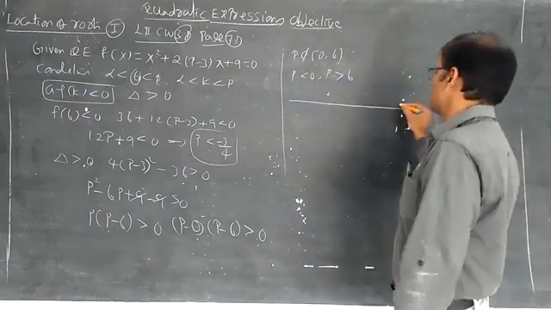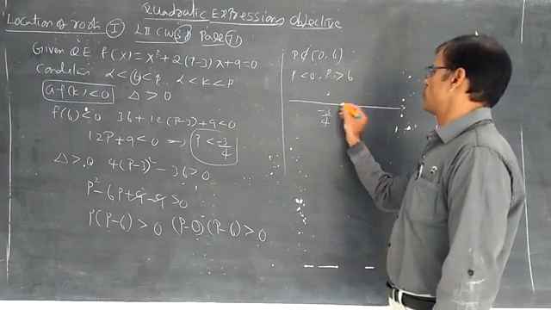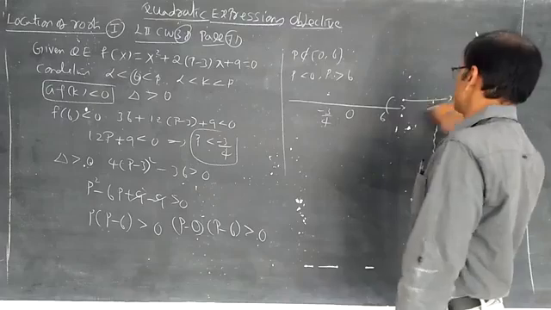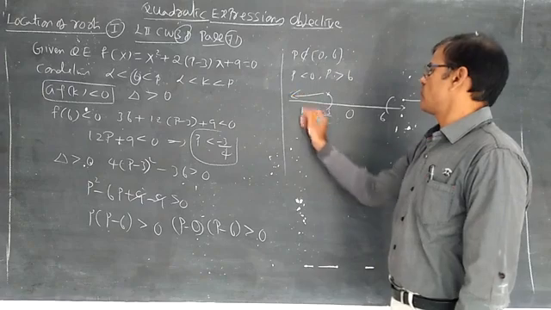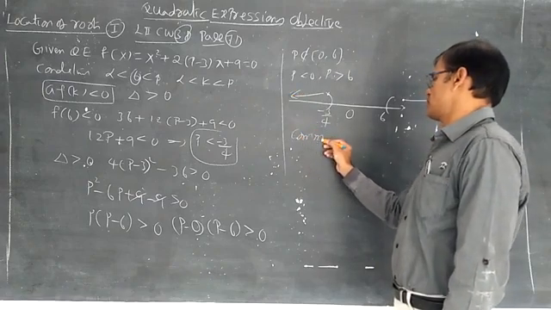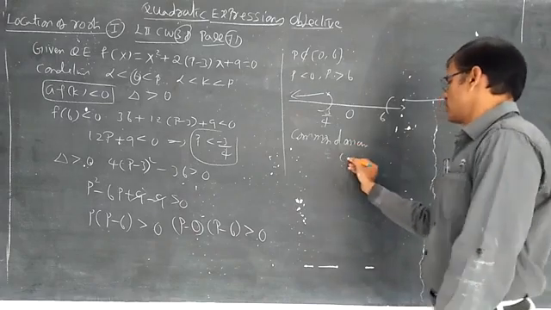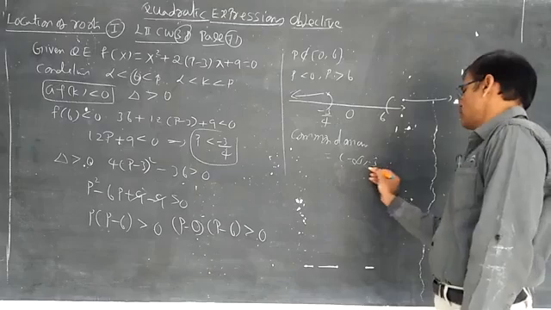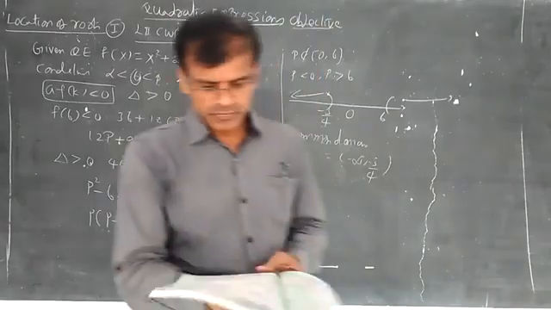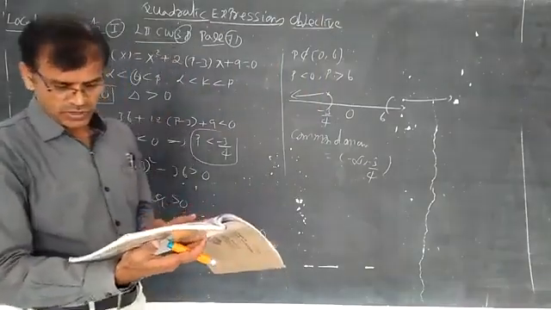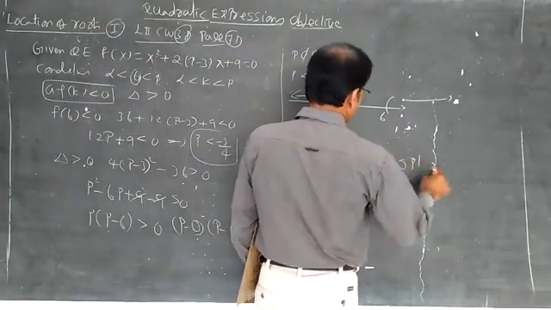Taking the common domain, minus 3 by 4 is less than 0, and put 6 here on this side. So according to the common domain you can write minus infinity comma minus 3 by 4. Union 6 comma infinity you could take, but once we verify, only minus infinity comma minus 3 by 4. So option 2 is verified.